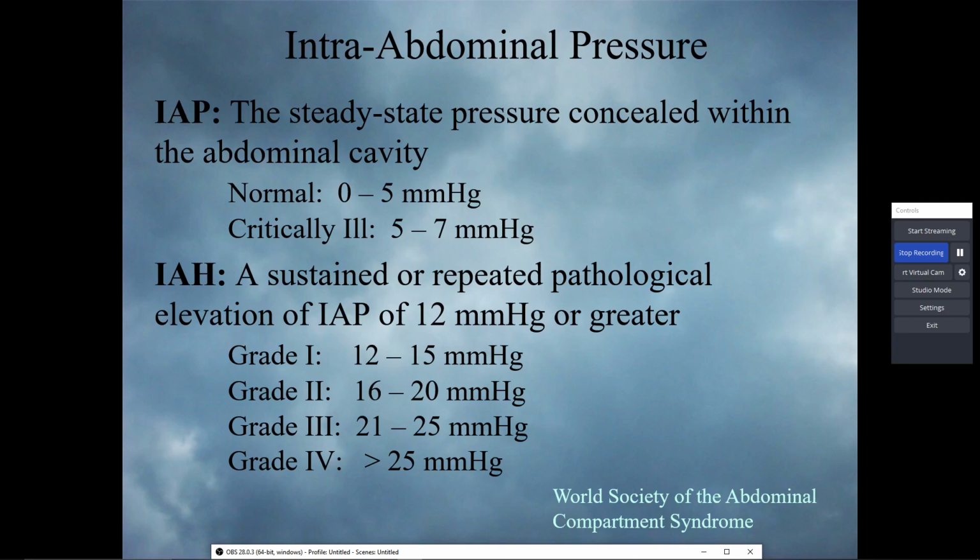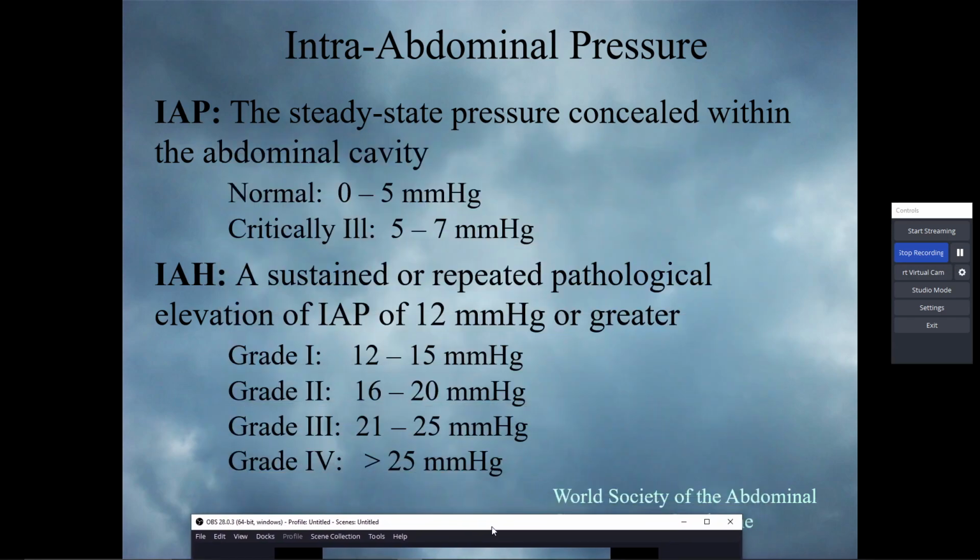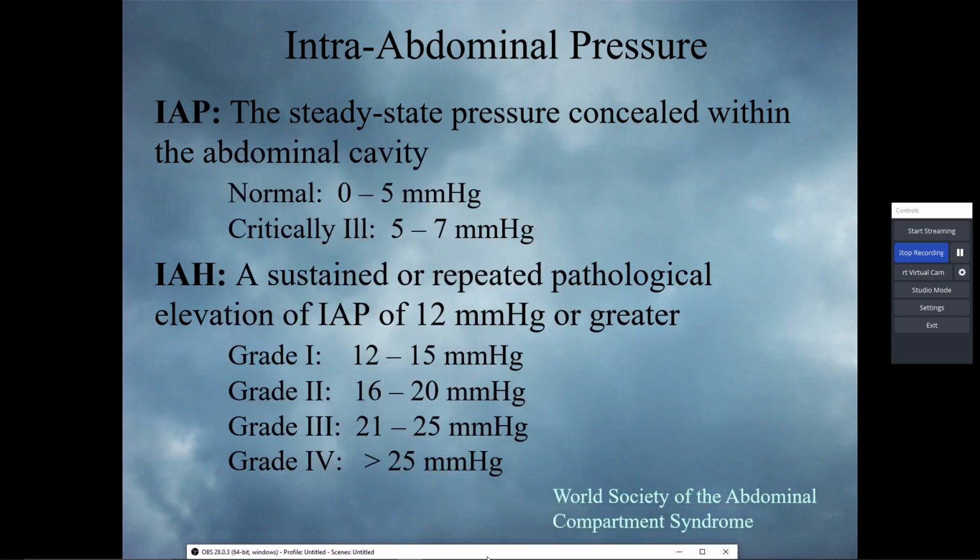So what we have is also IAH, which is known as intra-abdominal hypertension. We have stages of intra-abdominal hypertension just like any other: grade 1, grade 2, grade 3, and grade 4. The increase in the pressure here is what indicates the severity of hypertension in those vessels.